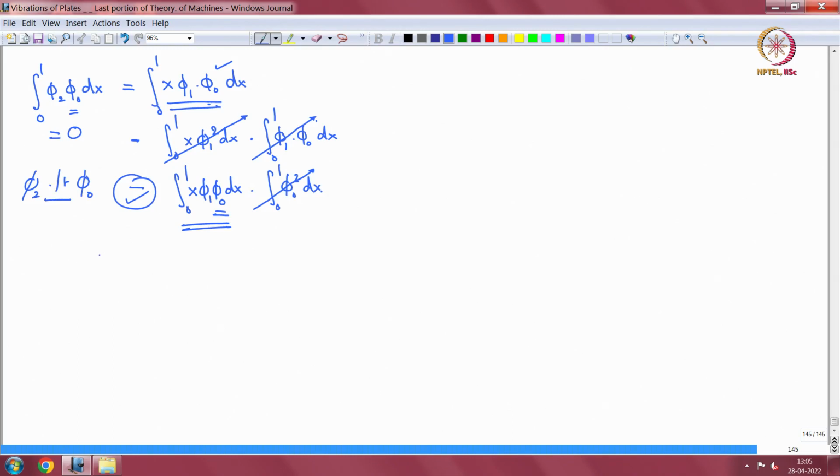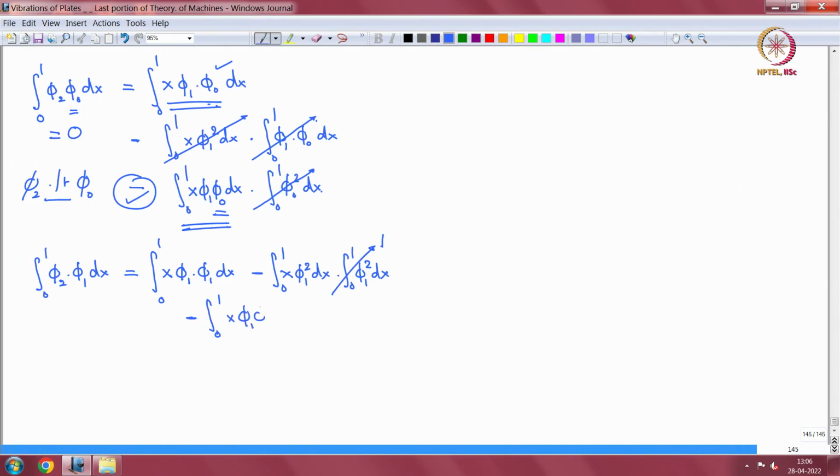Now, we can check phi 2 phi 1. Let us do that. So, integral 0 to 1 phi 2 into phi 1 dx is equal to, on the right side, integral x phi 1 into phi 1 from 0 to 1, minus integral 0 to 1 x phi 1 square dx, and I have phi 1, so this is integral 0 to 1 phi 1 square dx, and this is 1 from orthonormalization, then minus integral 0 to 1 x phi 1 phi 0 dx, and I have phi 0, so I have integral 0 to 1 phi 0 into phi 1 dx.